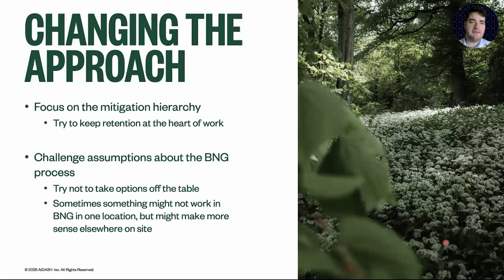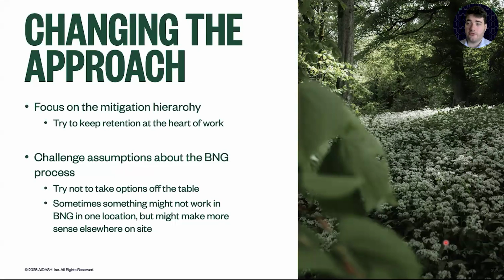Let's focus on that mitigation hierarchy, which is slipping in some areas, trying to retain things, because retaining is often the easiest way of reducing the amount of BNG units we need to create. So identify and retain those things, really see if we can adapt designs to retain features, and let's try not to take positive options off the table.